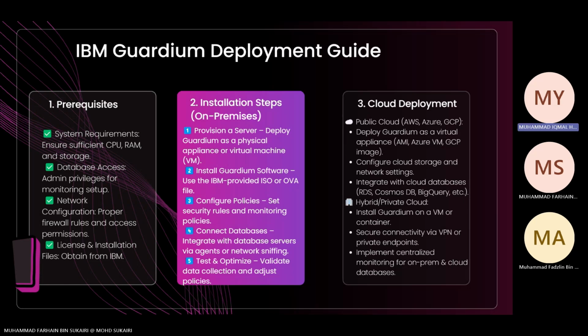Second is install Guardian software. Use the IBM provided ISO or OVA file. Third one is configure policies. It can set security rules and monitoring policies. Fourth is connect database. Integrate with database servers via agent or network sniffing.